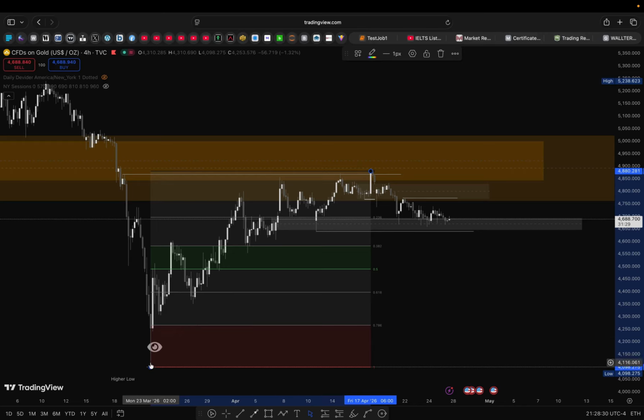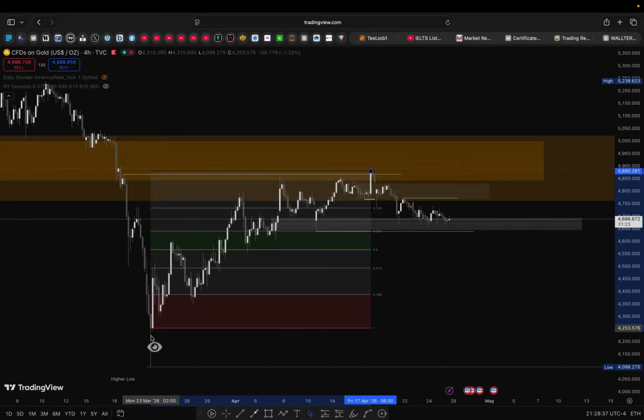Because the real volume, the body of the real volume for me, is inside of the body of the candle. So I'm using that body right there. So 50% of the range is here. So the least I'm expecting is for price to go higher here and then continue lower. If not, I just want to see price trade lower. But I want to see bearishness in there.